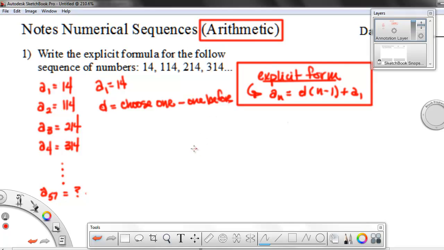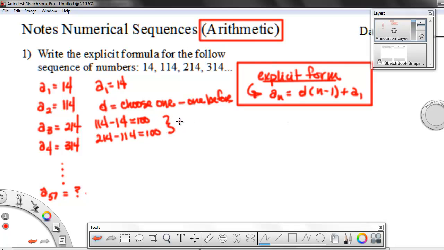Okay, so let's go ahead and pick some numbers. If I choose 114, that means I subtract the one before it, which is 14, and I get 100. If I choose 214, I subtract 114, and I also get 100.